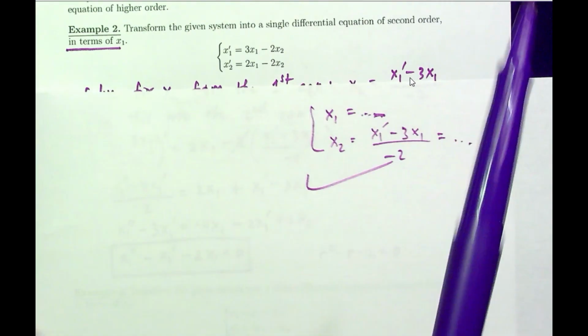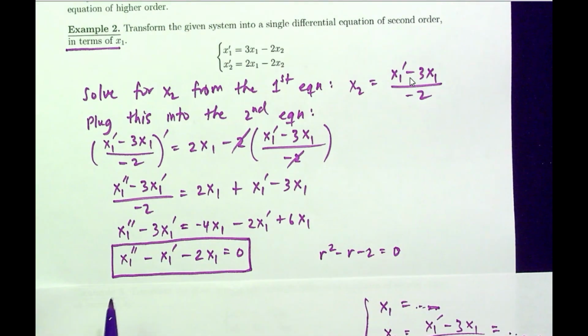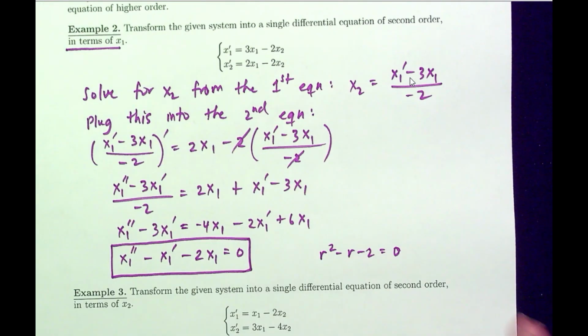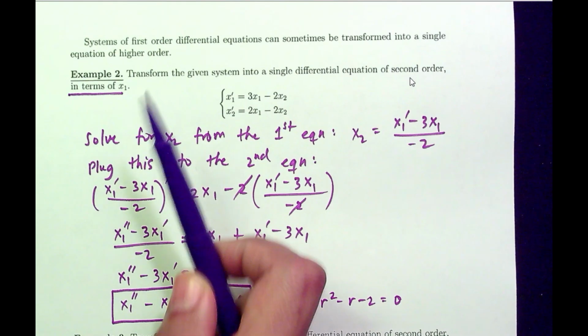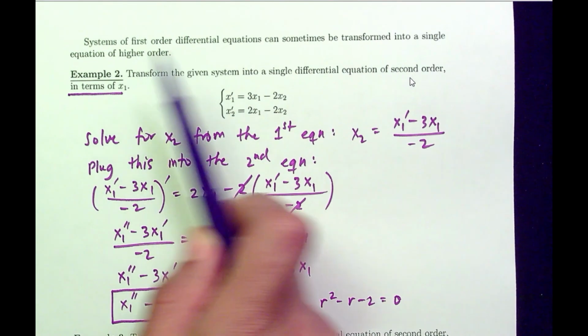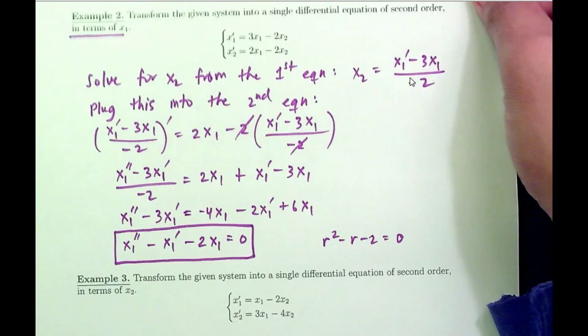So transform everything into a single differential equation with one variable, and then maybe you can solve it. No, this doesn't always work. I wrote here sometimes you can do this. If the system is simple enough, you can do that.